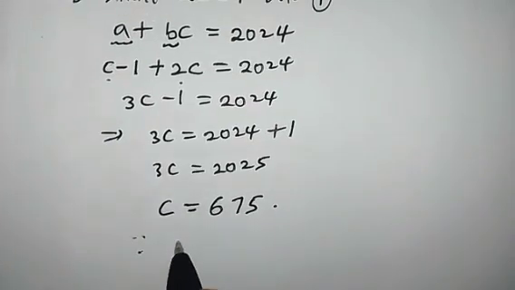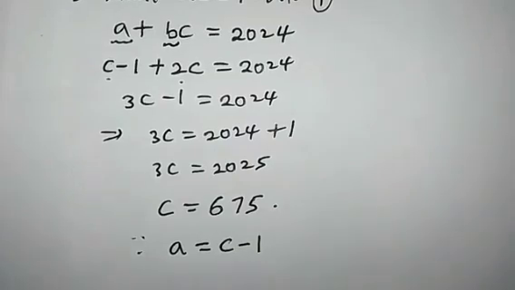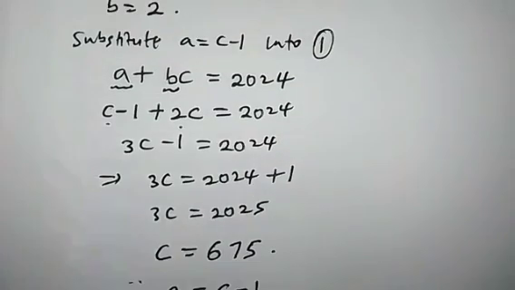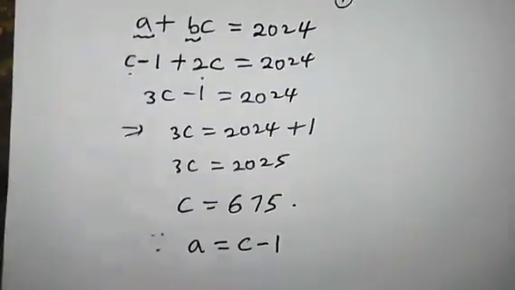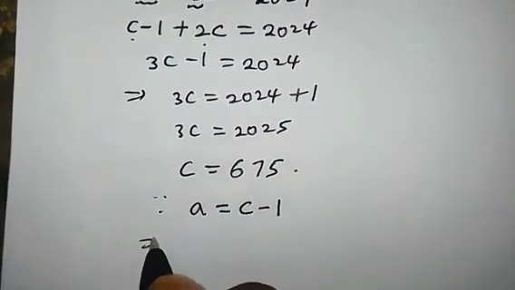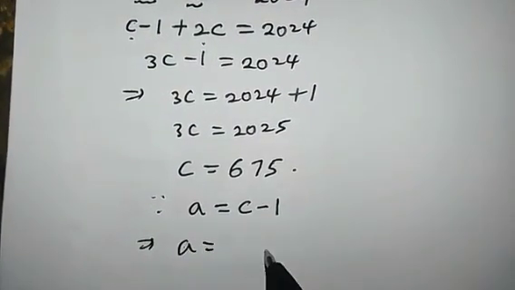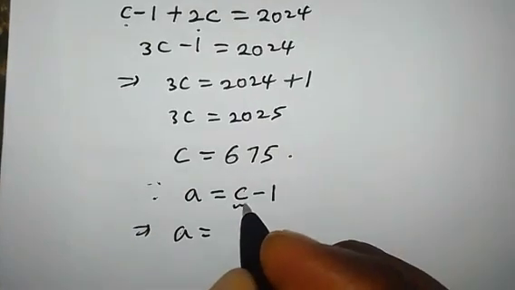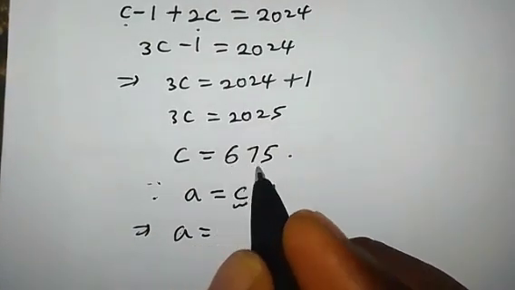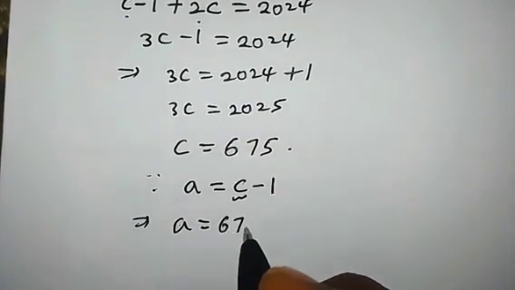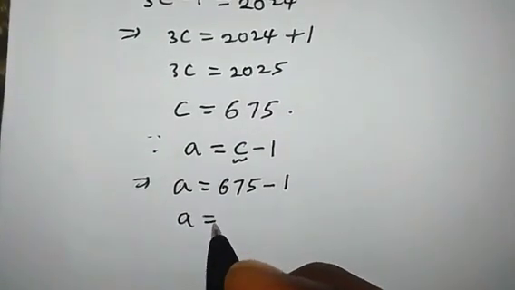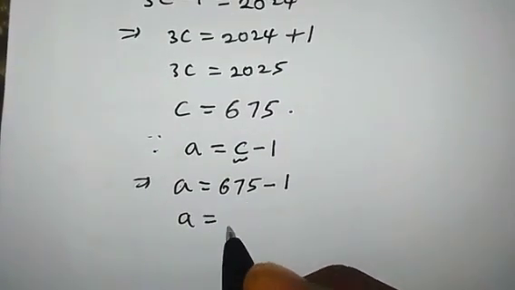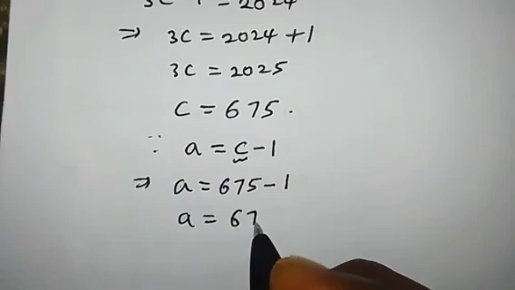Since A is equal to C minus 1, that's from this line, A equals C minus 1. This means that A equals, now in place of this C, we write 675 minus 1. A equals 675 minus 1, that is 674.